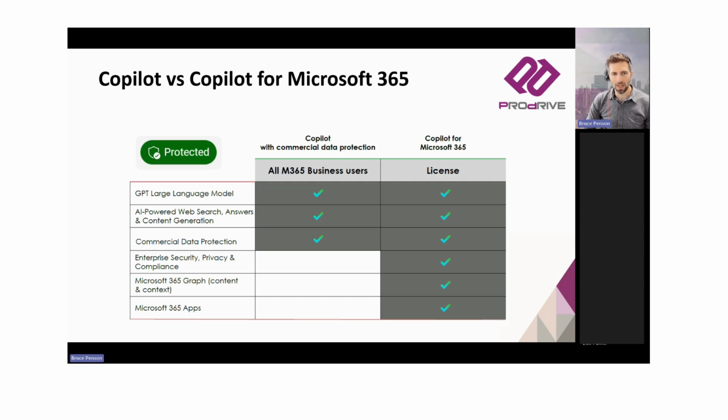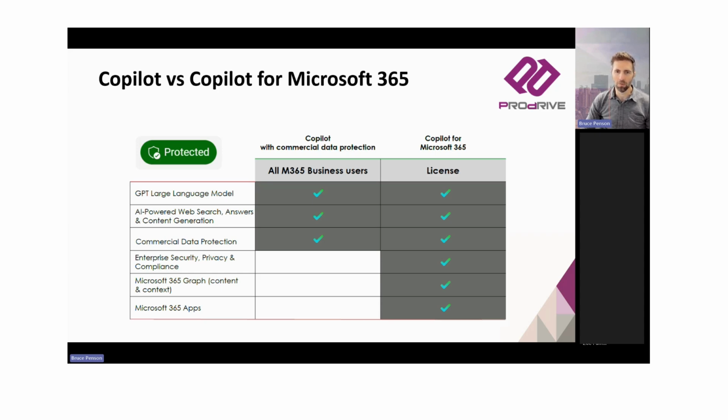Copilot with commercial data protection is something that you get within all Microsoft 365 licenses. So if you don't have a Copilot for Microsoft 365 license for today's features, you will have the commercial data protection already. It's essentially like a version of ChatGPT, if you're familiar with that. So it's an AI chat engine that's based on publicly available data.